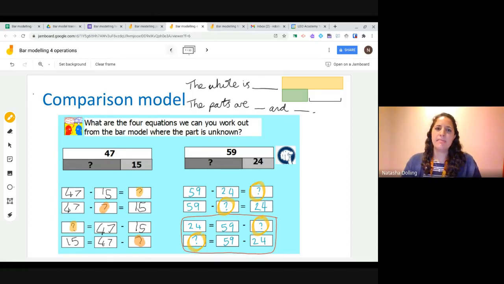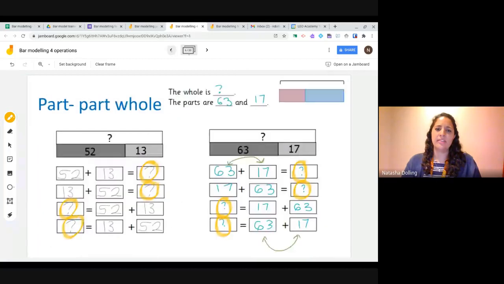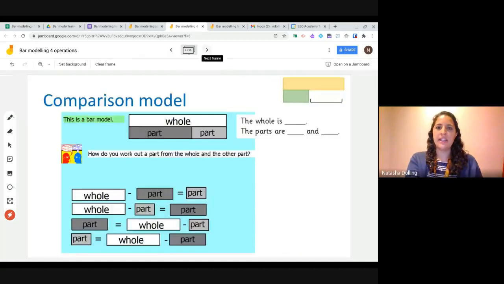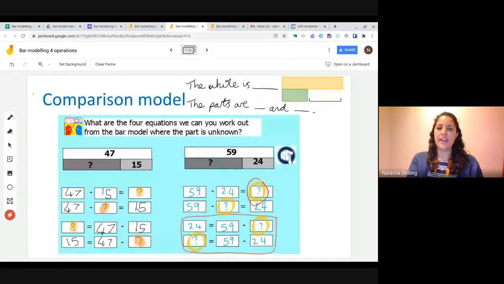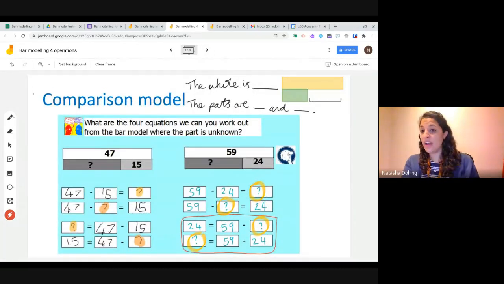Cast our minds back to when we were doing this with the addition. Look, the question mark was never in that middle spot in the addition equations. How interesting. What an interesting discussion to have with your children if you've got them to do this activity. They were always attached to or next to the equal sign. And yet when you're doing it with subtraction, that question mark can just be wherever you like.